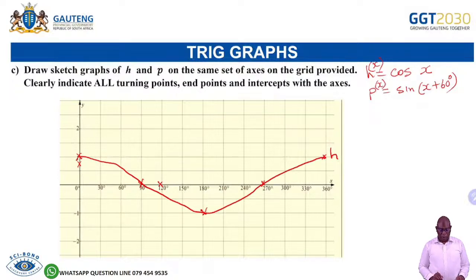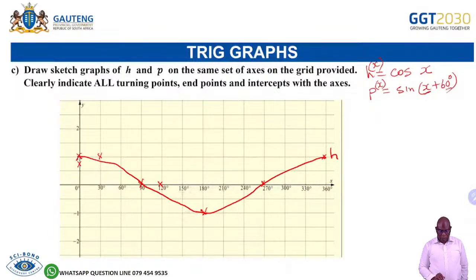It will be at 180. And then these values, obviously you still need to go up with that graph. 30 plus 60 is 90. So at 30 it will be at 1. Then from there you have the input. You have an input there at 120. So what you're doing, you're just adding a 60 in with this angle.